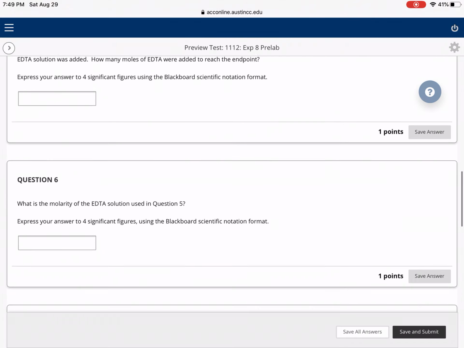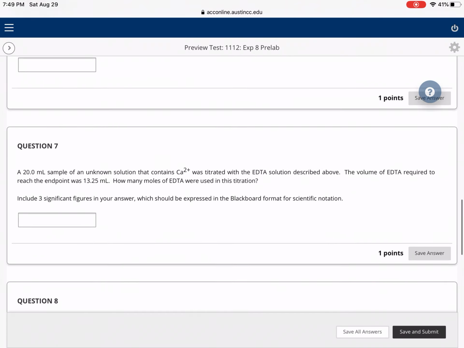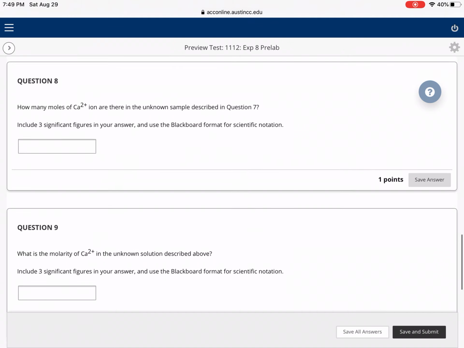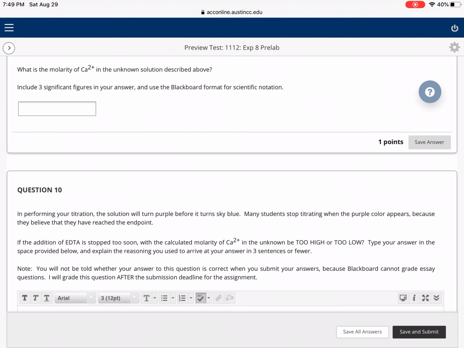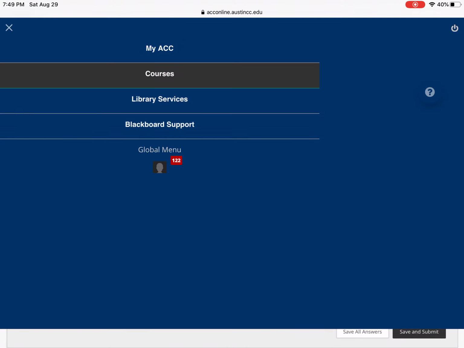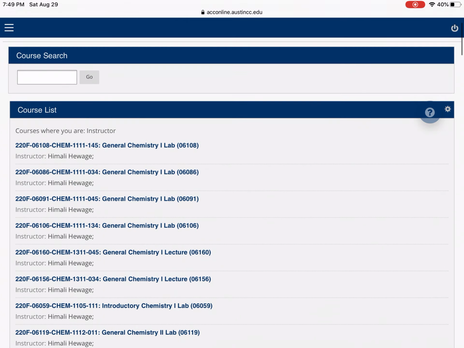Okay, now I'm not able to write on this one, so just to show you how to do the calculations, I have saved it in a PDF form. Let me go ahead and access that, and I will show you how to access and do the calculations. Okay, let's go over here.